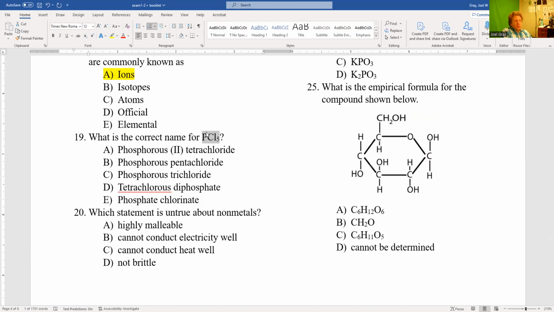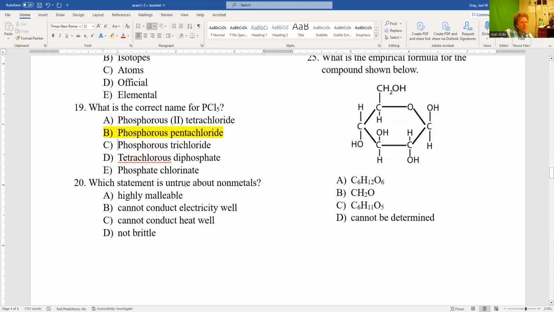In this case, we need to account for numbers. We have one phosphorus. Do we name that mono? We don't, because it's the first element and there's only one of them. Cl5, we're going to use a prefix there. And what is our prefix when we're indicating 5 of something? Well, that would be penta. So our best answer is B, phosphorus pentachloride.